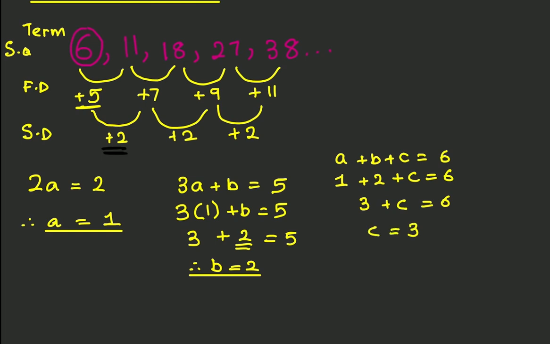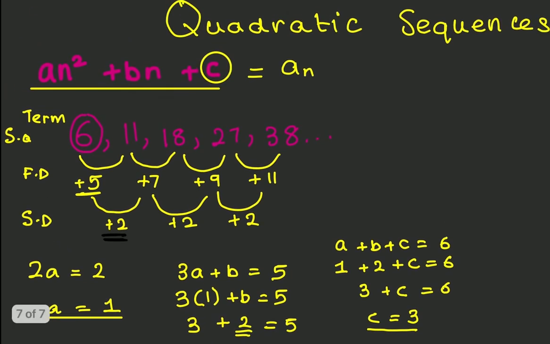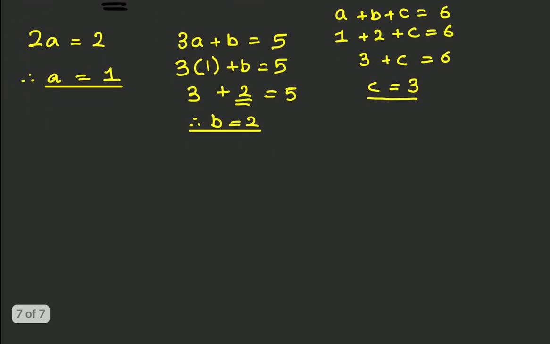Now let's plug these values for a, b, and c respectively into the formula an squared plus bn plus c. The n squared and n are always kept there.